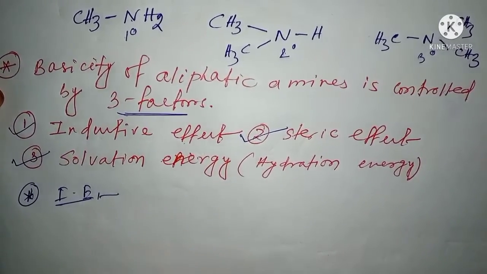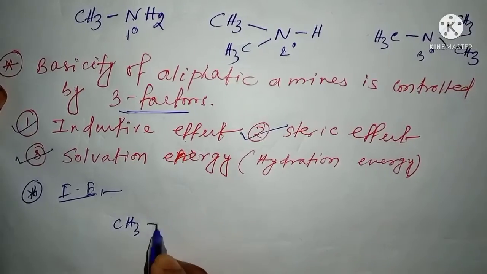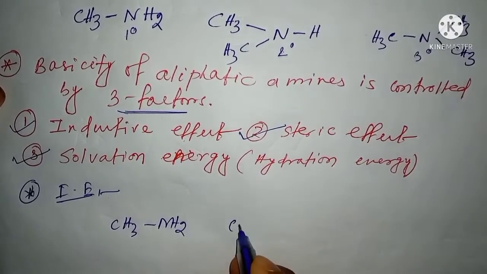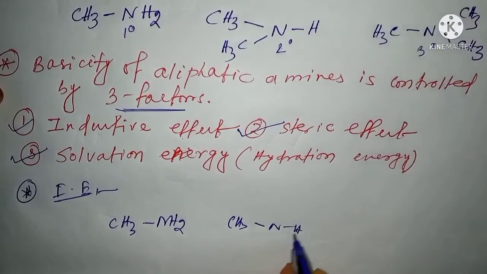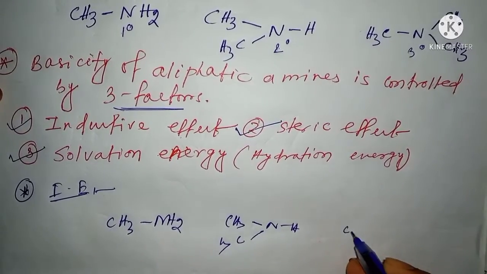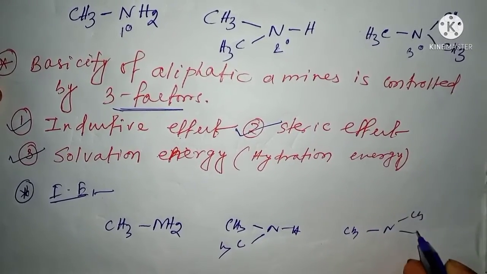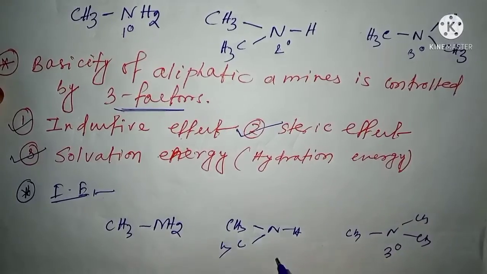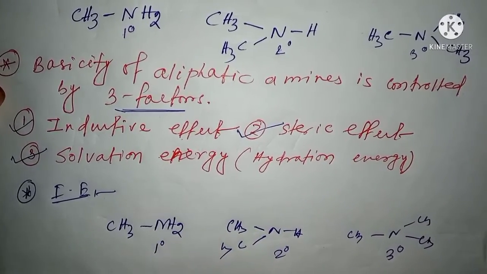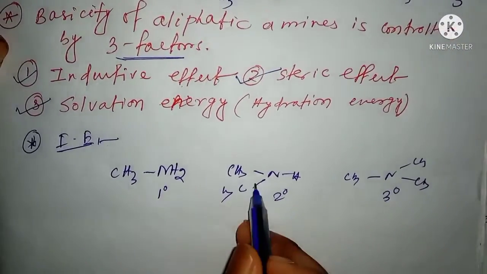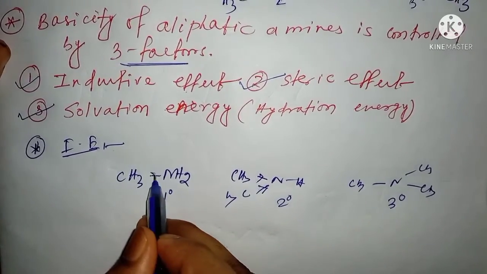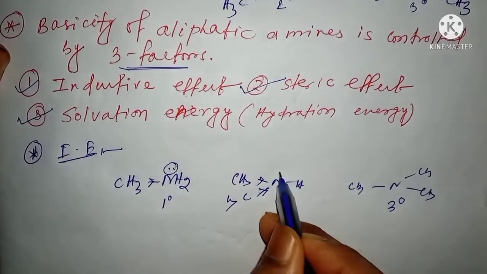Inductive effect in the case of CH3NH2, CH3NHCH3 and CH3N(CH3)2. This is a 3 degree amine, this is a 2 degree amine, this is a 1 degree amine. Now we know that as plus I effect increases, basicity increases because lone pair donation ability increases.